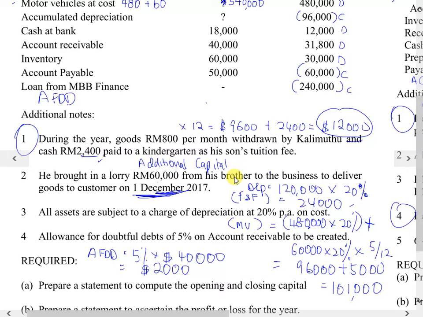Therefore, my total depreciation will be 101 for this year. I started with 480. I bring in another 60 because December I depreciate 5 months. So this year I'm going to depreciate 101.